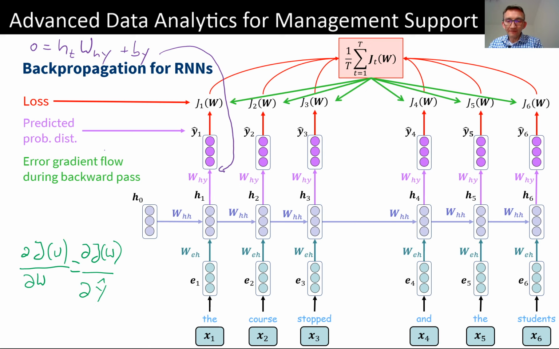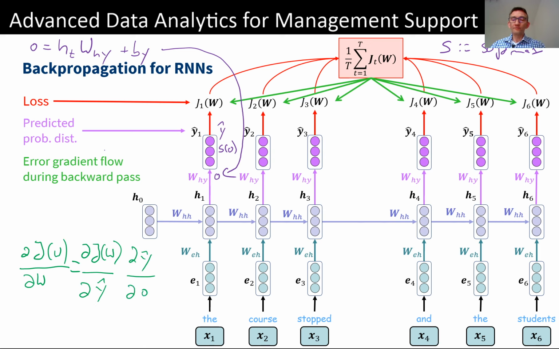So here we find the O, and then we calculate S of O to get our output y hat, where S is the softmax. Which would then mean that the next step we need in our derivative is our output y hat with regard to O.